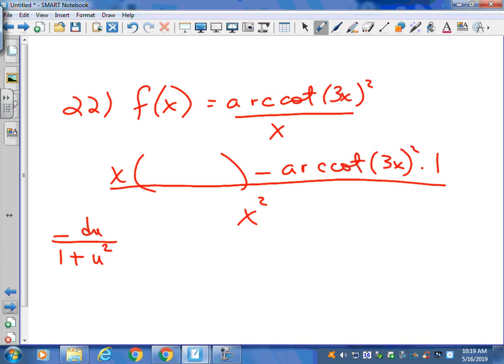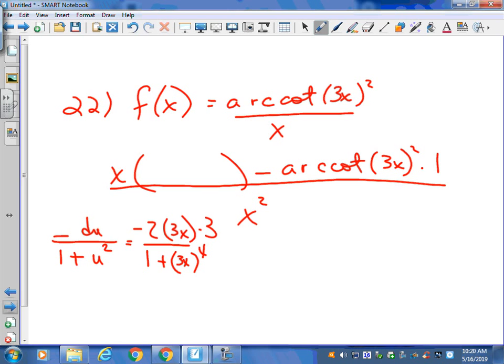But when I start filling in the information, 1 plus that squared, and it's already squared, means it'll be to the 4th power. Does that make sense? If you square a square, doesn't that make it to the 4th? Because you multiply the powers. And then the derivative of that would bring the 2 in front and make the 3x go to the 1 power, and then it would multiply it by the derivative of the inside, which is 3.